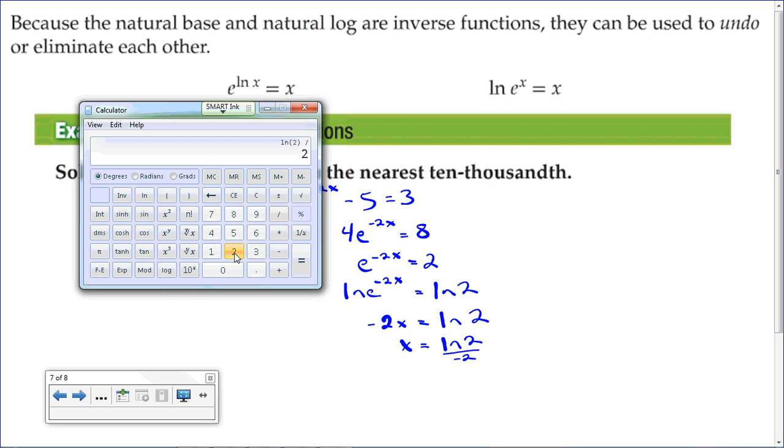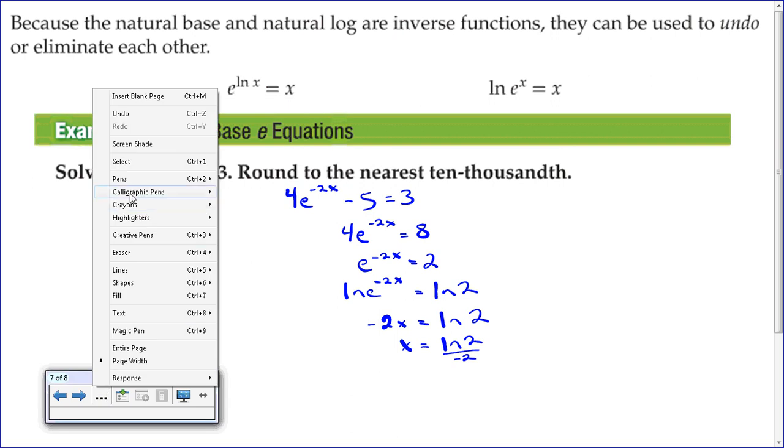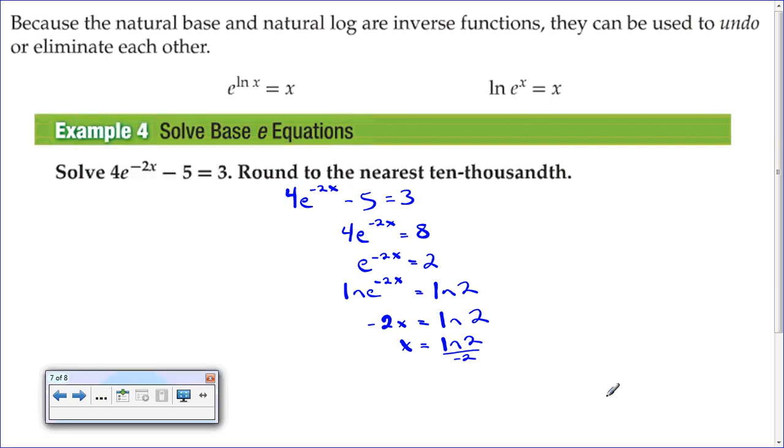Divide that by negative 2, and I get my answer. We'll need to round that answer, so negative 0.3466. And of course, since this is a rounded number, I wouldn't use the equal sign here. I would use the approximate sign.